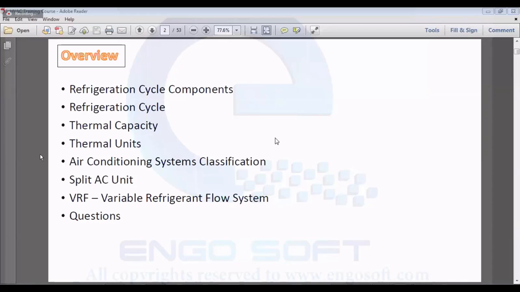Okay, heat is the amount of energy that is transferred from a high temperature medium to a low temperature medium. That is heat. That is it.